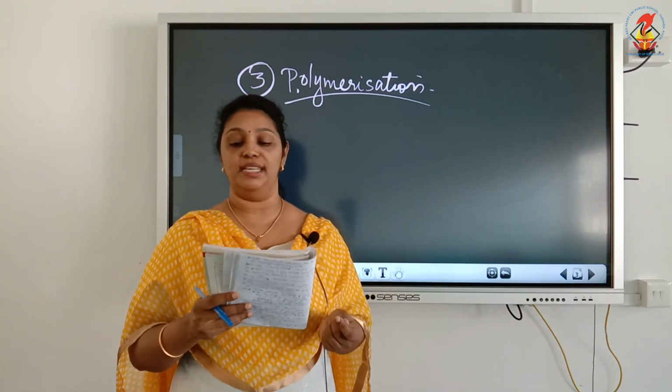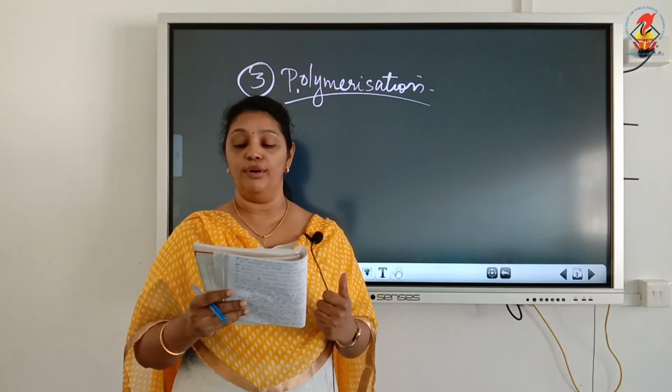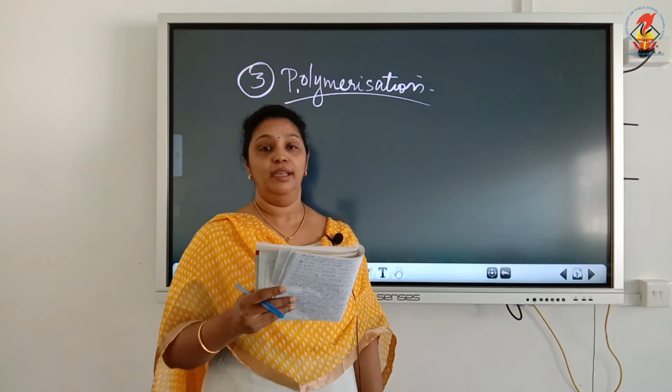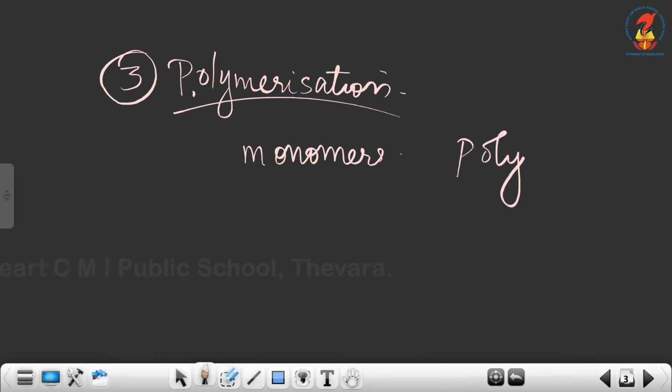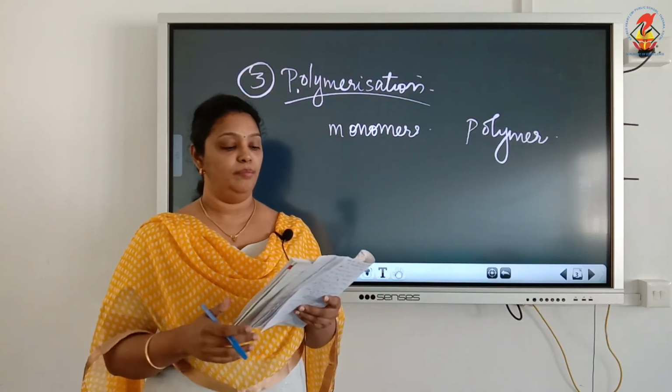Polymerization is the process in which a large number of small molecules combine to form bigger molecules of high molecular mass. The small molecules are called monomers and the big molecules are called polymers. So how is a polymer formed? When monomers combine, we get polymer.